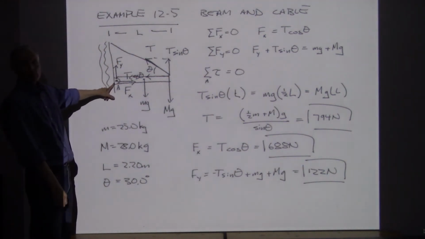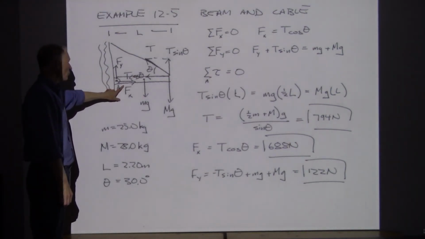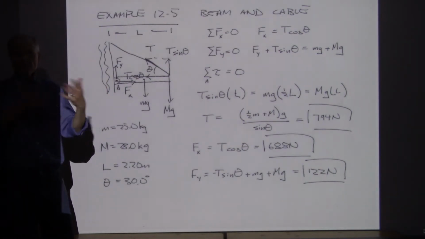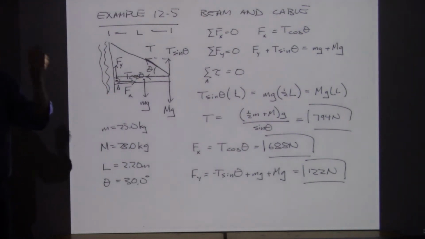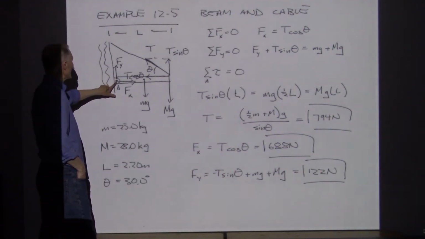The building's got to be able to push back. If the building is not strong enough to push back with an equal force, the beam will push right through the building. So the building's got to be sturdy enough at that location. We can't just put that hinge anywhere.